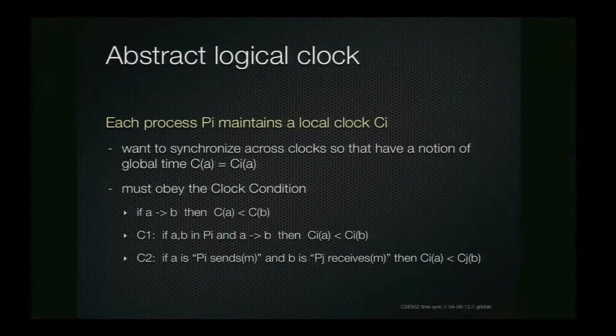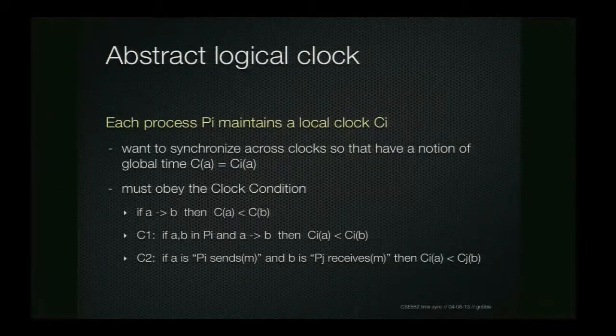So the next step that Lamport takes is to say, okay, rather than having physically synchronized clocks, let's see if we can build an abstract clock that respects this notion of causality and happens-before. Basically, we want each process to have a local counter that advances over time according to some logical clock rate.